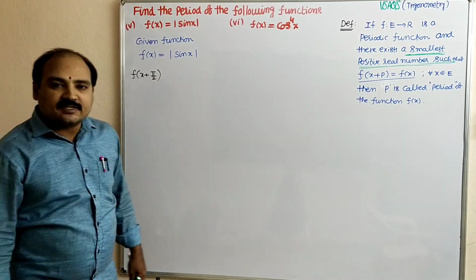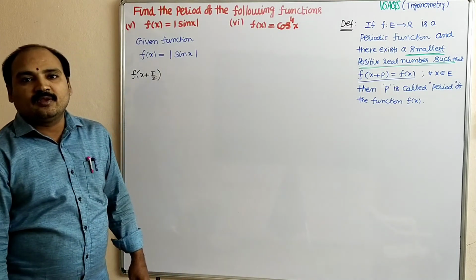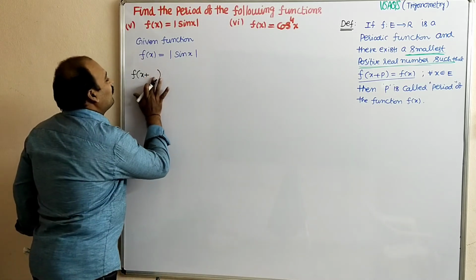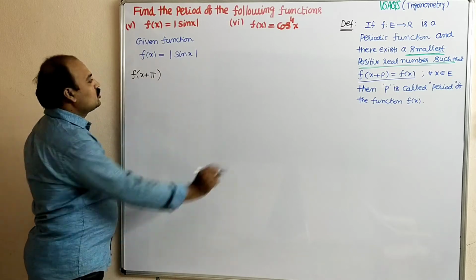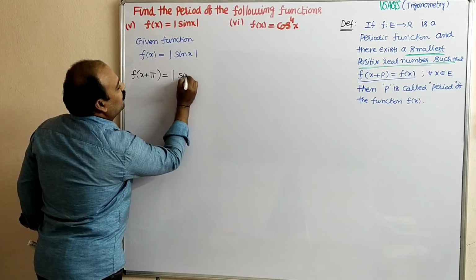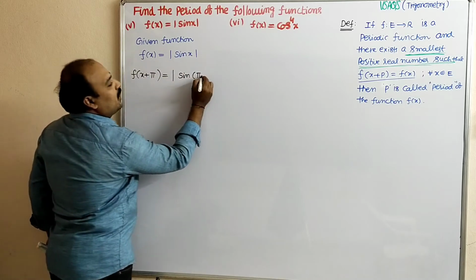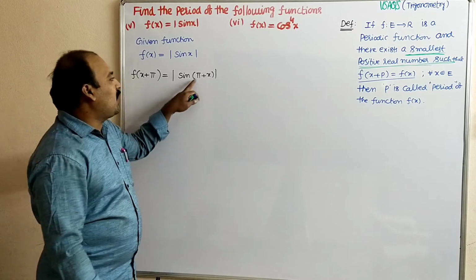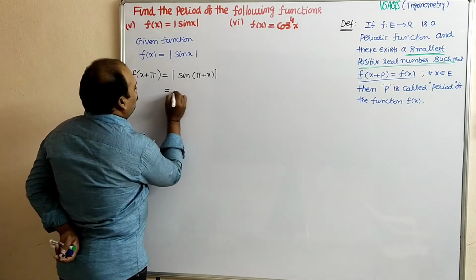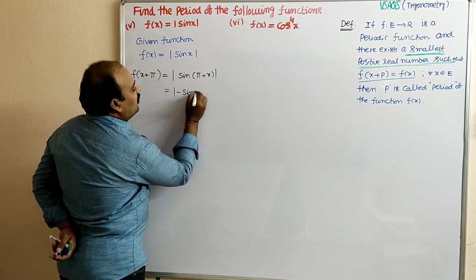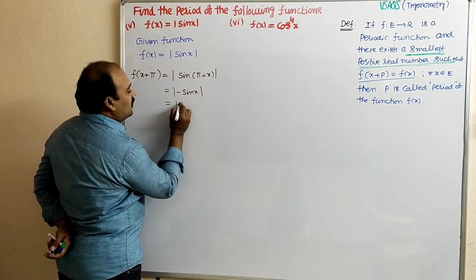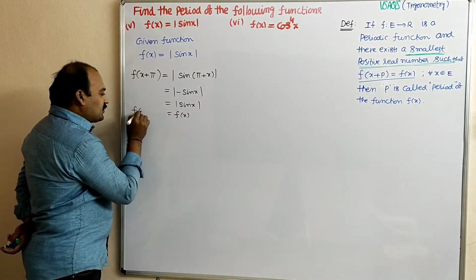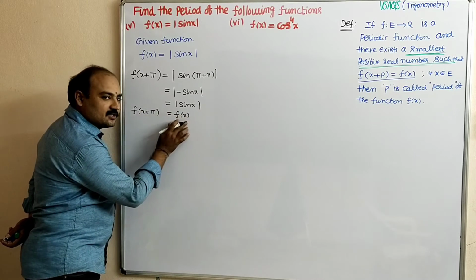Sin of pi by 2 plus x is cos x, but cos x is not the same as sin x, so we cannot take that. Next, take f of x plus pi, which is mod sin of pi plus x. Sin of pi plus theta, in the third quadrant, is minus sin theta, which is mod minus sin x. Within the modulus it becomes plus, so mod sin x, which is equal to f of x. So f of x plus pi is equal to f of x.